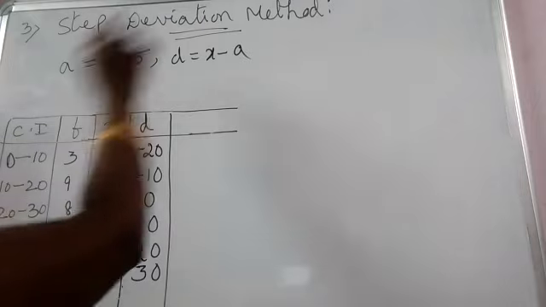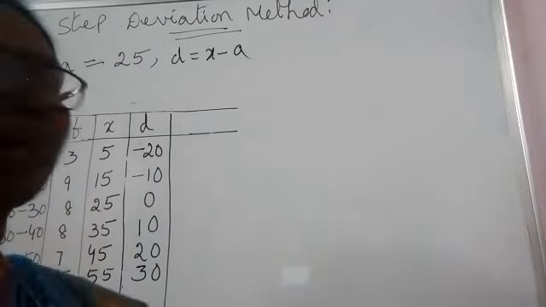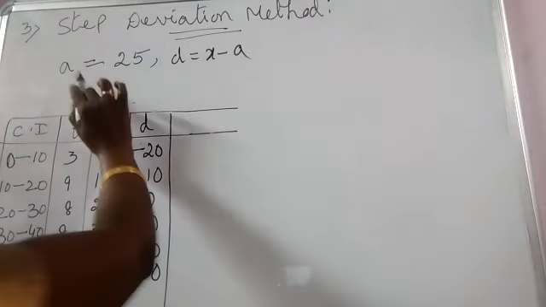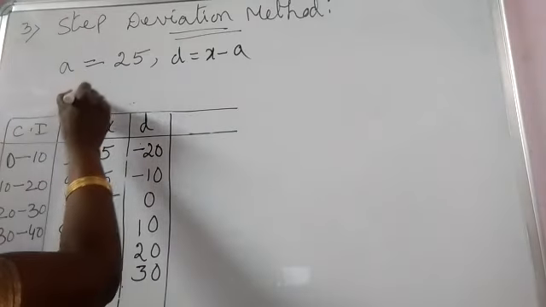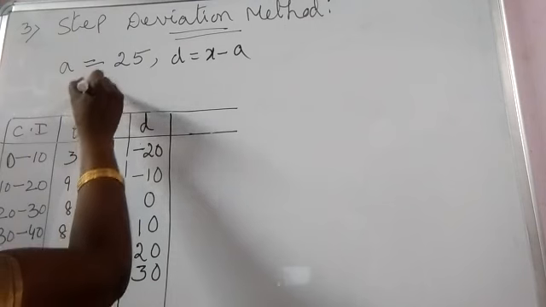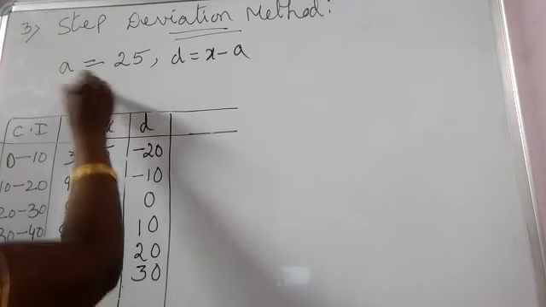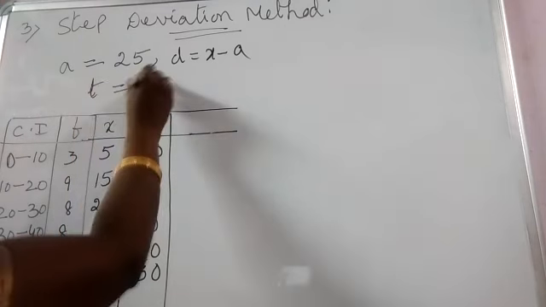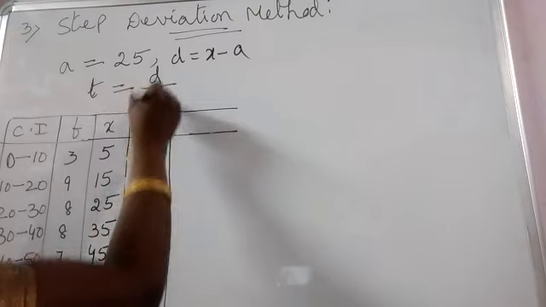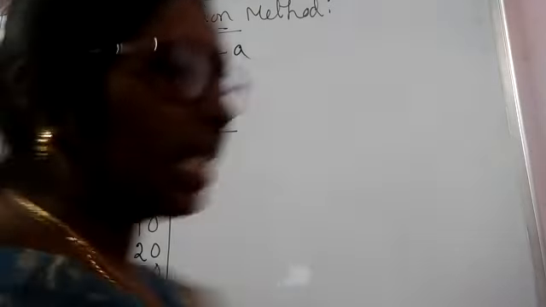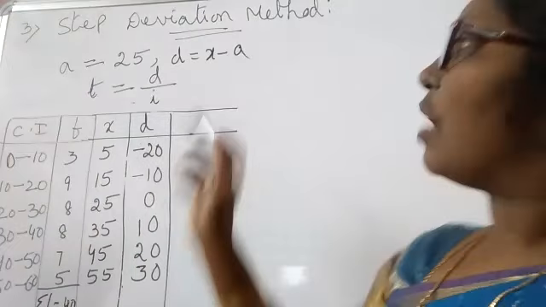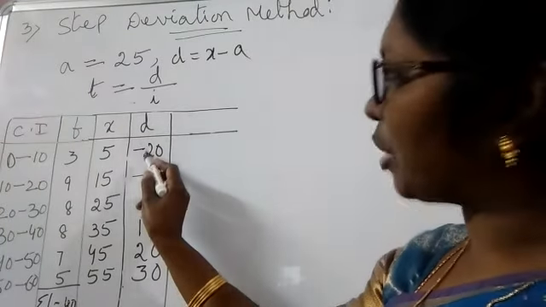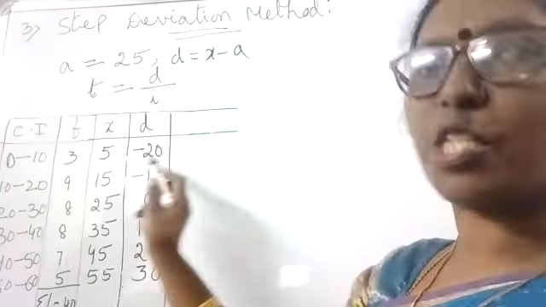For the step deviation method of finding mean, assumed mean is needed, deviation is also needed, and then one more step you have to do is you can take t or something, deviation by class size of each class interval gives you t. You see now, deviation of first class interval is minus 20.